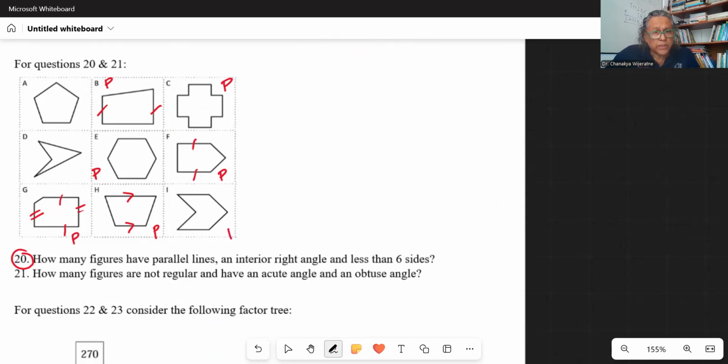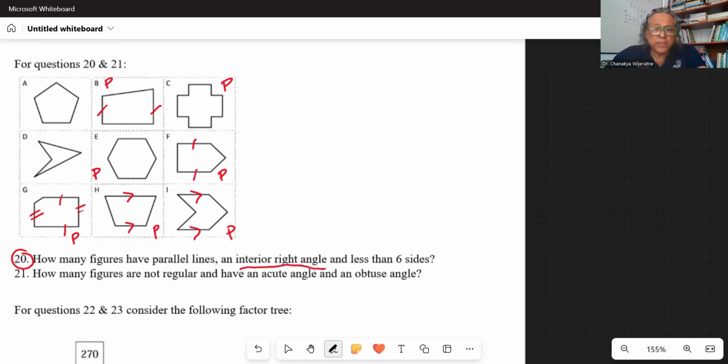And this one also has parallel lines, this, and this. I don't know whether that's the right way of indicating parallel lines, I have forgotten it. So if you know, just let me know in the comments when I upload this to YouTube. Okay, so except A and D, others have parallel lines. Is that correct? Yep, correct.